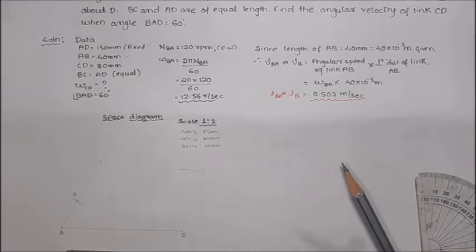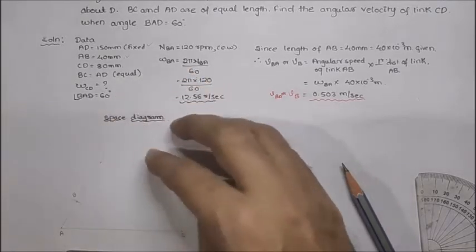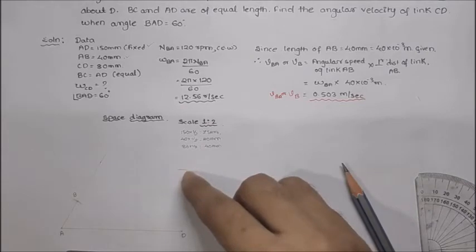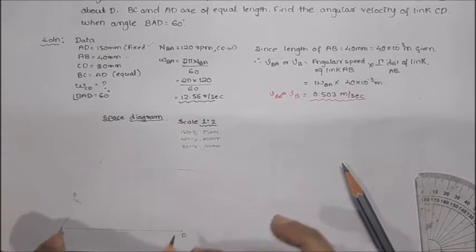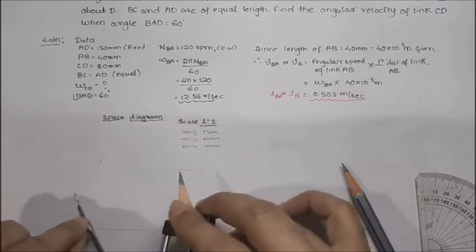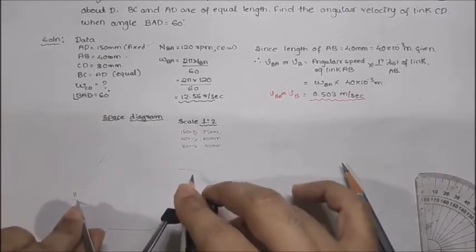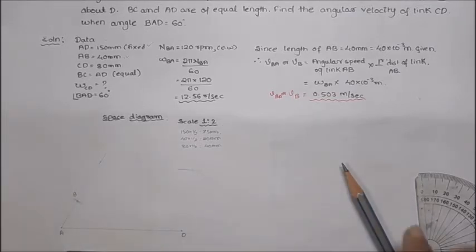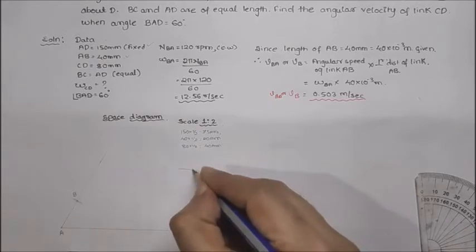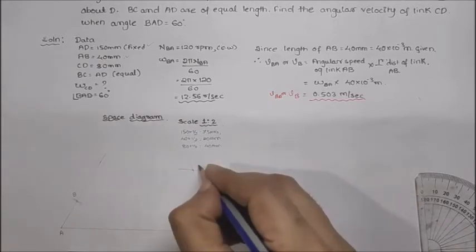Then measure B to C equal to 150, so that should be equal to 75. So take this itself as 75. Keep the point at B and cut an arc, so that this particular point, name it as point C.